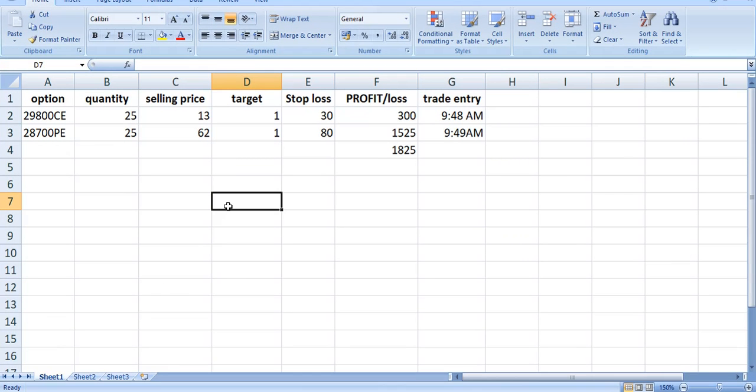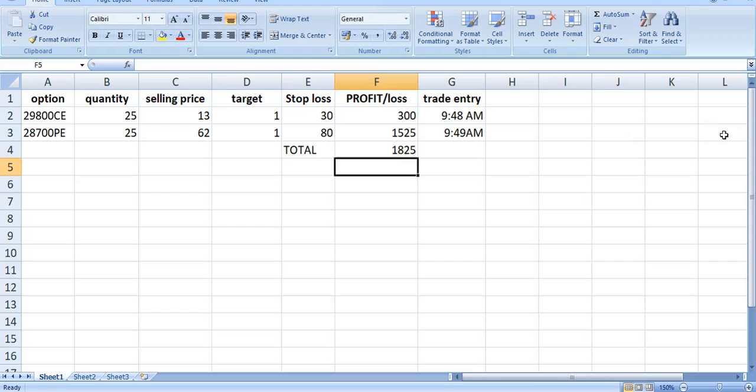So now let's calculate our profit in option selling. You know that we sold at prices 13 and 62, and our target was 1 in both of the options. So we have made a profit of 300 rupees in the call and 1525 in the put. So the total profit which we made in option selling is 1825, which is good.